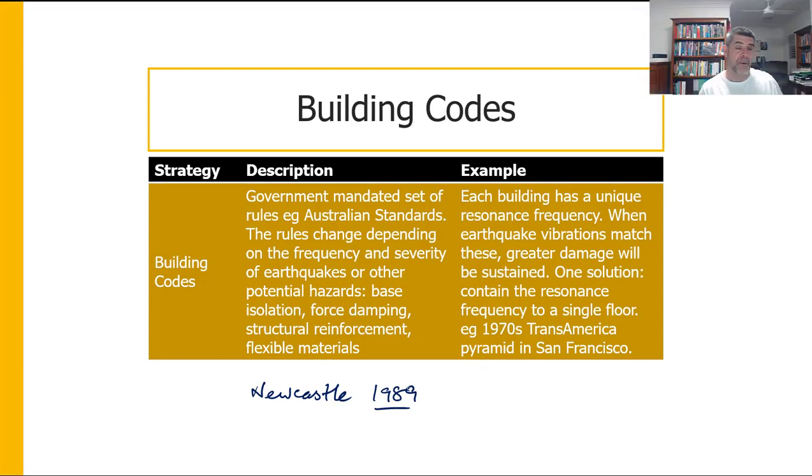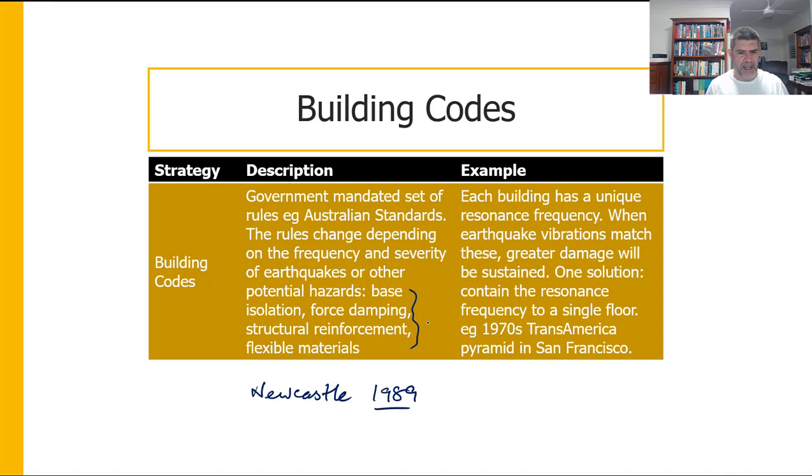As we talked about with a previous slide, the frequency and the severity of the disasters are more likely to have an influence on what sort of strategies are put in place. So these sorts of things might be characteristic of buildings that are in areas where they are more likely to be prone to earthquake damage. So isolating the base and creating some sort of force damping.